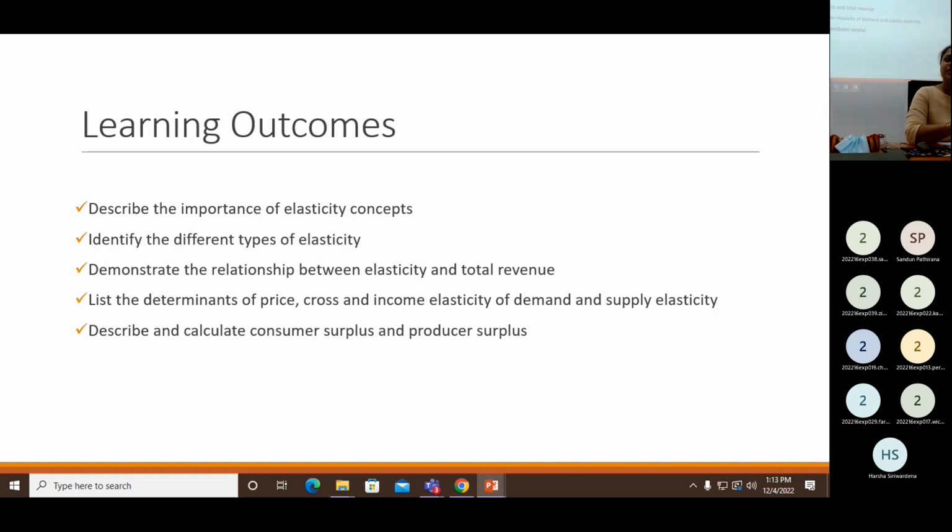So what is the concept of elasticity? What do you mean by that? Have you heard that word? You all have done economics, right? Okay, so what is elasticity? Have you heard? Please raise your hand, those who have heard the word elasticity before. I cannot see.